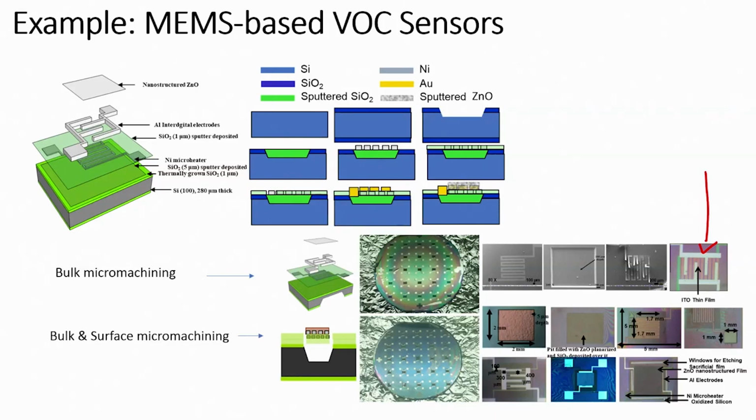Now, in this module what have we learned? We have learned how to use bulk micromachining to create a sensor that can be used for sensing VOCs. In the next class, let us see how we can perform bulk and surface micromachining to create a sensor that can again be used for VOC, and then we will see what is the alternative technique.